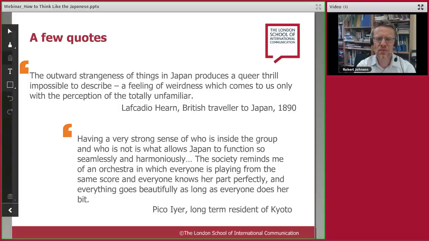There's some kind of different force or feeling about the place, even if you're getting on a train or buying a ticket or going into a restaurant and eating food. It's absolutely recognizable, but there's something different about the way that the Japanese do things. And the second quote talks about that. It talks about a very significant trend in Japan, which is the sense of doing things together.